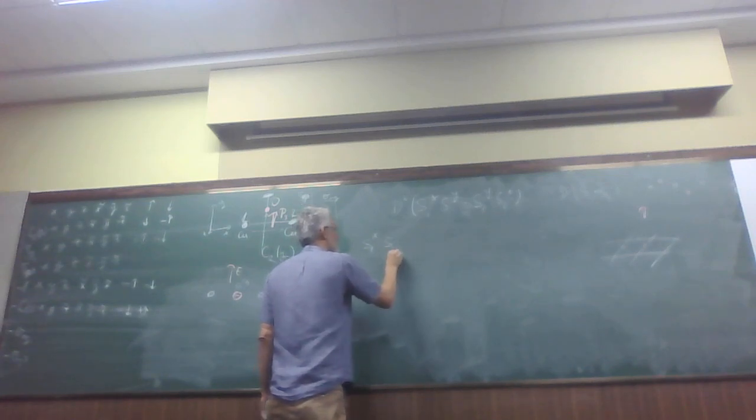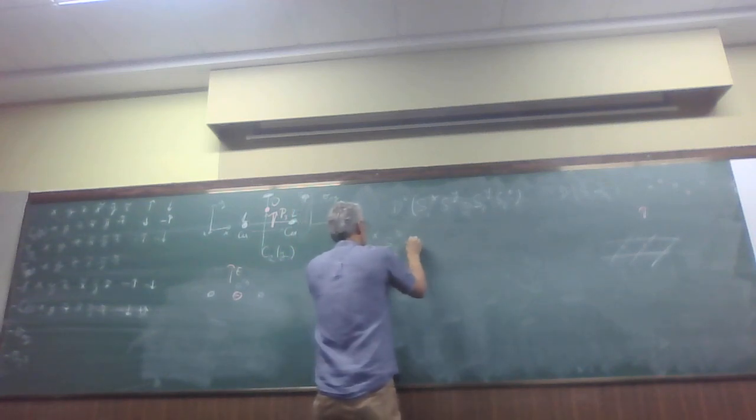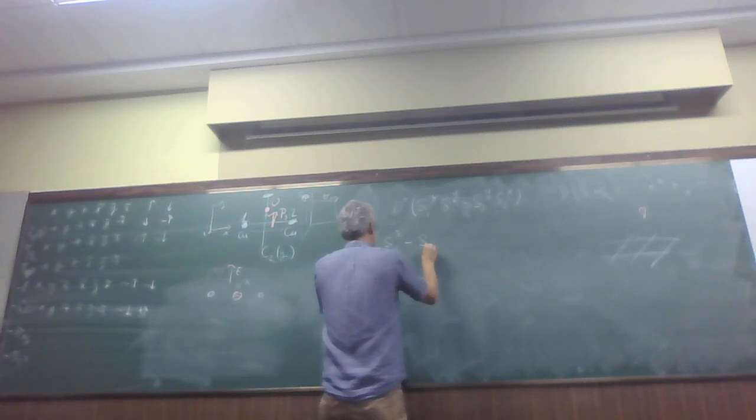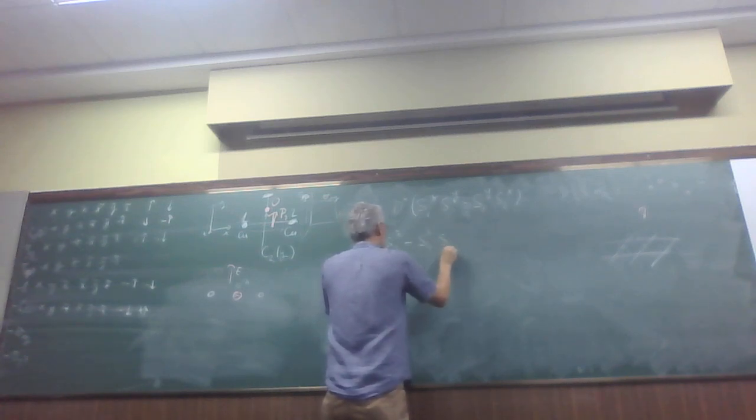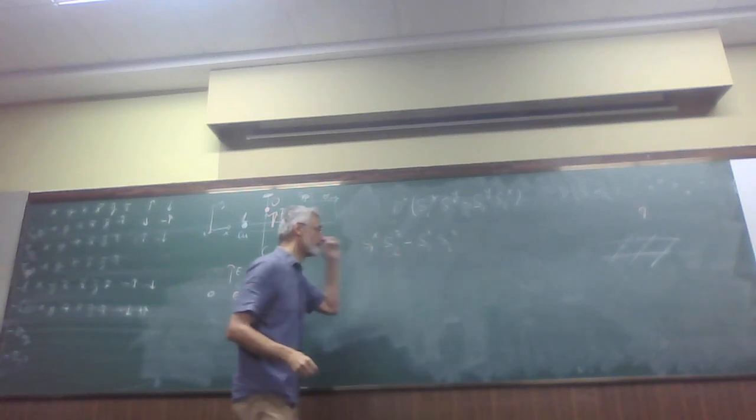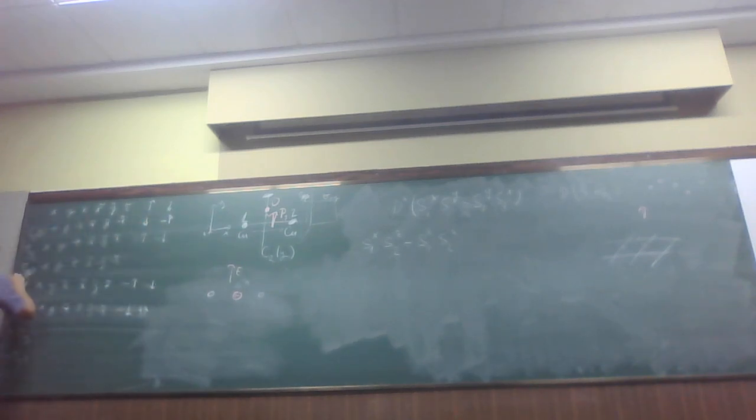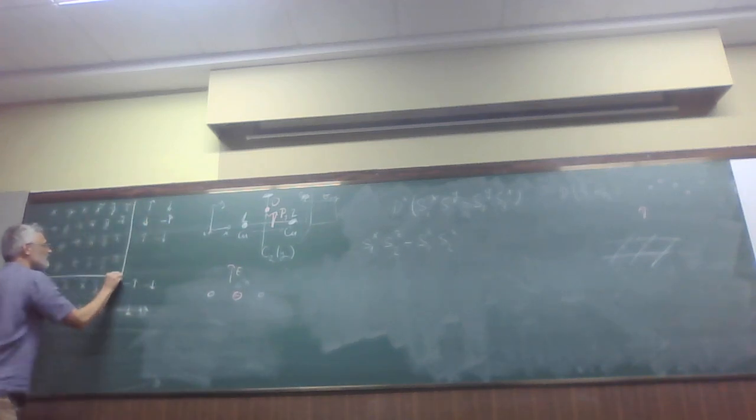Okay, so what we would like to know is, for example, how does S1 X S2 Z minus S1 Z S2 X transform. And here we don't need the double group, here we need just what we had last time.